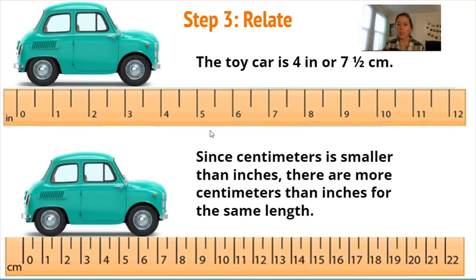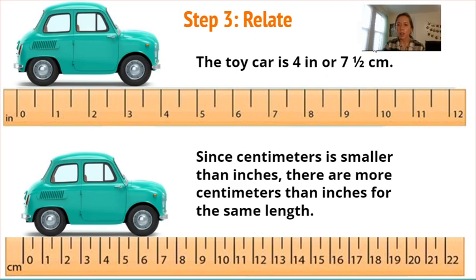All right, we can see that centimeters are smaller than inches, right? You see that 1 centimeter is a lot smaller than 1 inch. Remember we saw that in our first lesson. There are more centimeters than inches for the same length. And we can see that when we compare them, right?